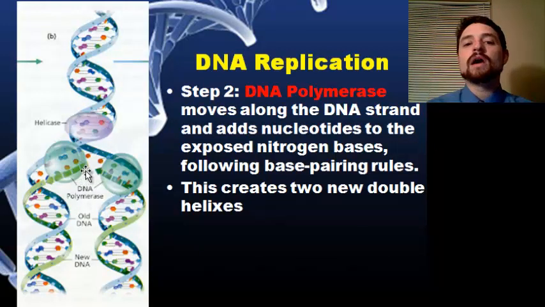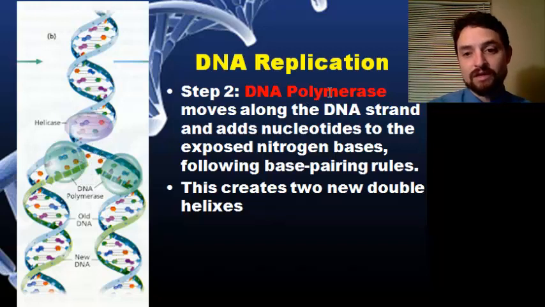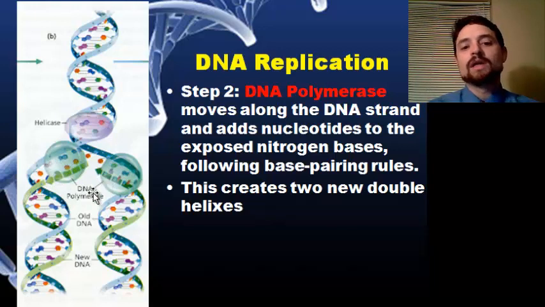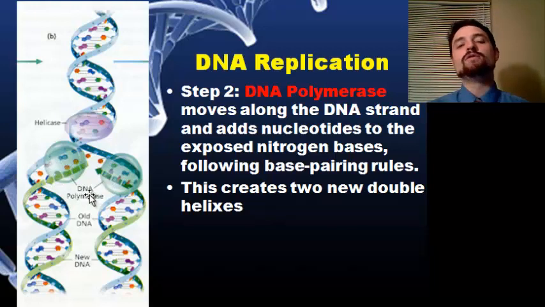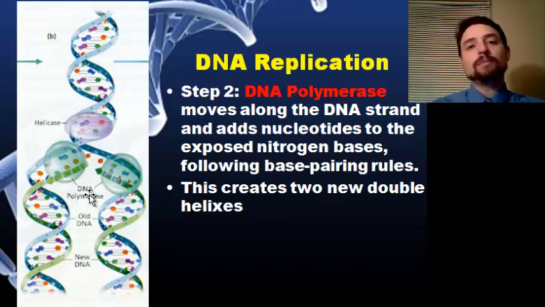So another enzyme called DNA polymerase, you can see that right here. In the picture, it's kind of like these greenish, bluish bubbles. DNA polymerase will move along the DNA strand and add nucleotides to the exposed nitrogen bases. And it simply follows what we call base pairing rules. These were the same rules that Watson and Crick used to build DNA.